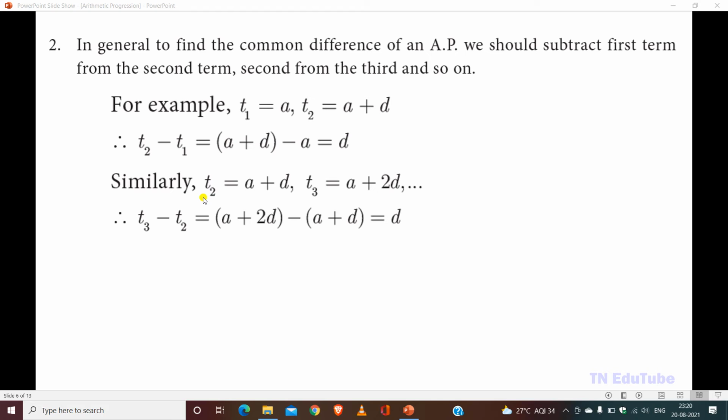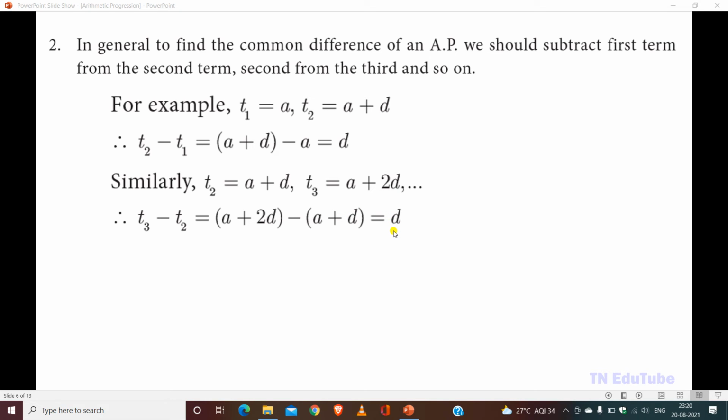Similarly, we know t2 is a plus d and t3 is a plus 2d. When subtracting t3 minus t2, what do you get? A plus 2d minus, a plus d. When you are changing the sign inside, a and minus a get cancelled. 2d minus d, you get d.